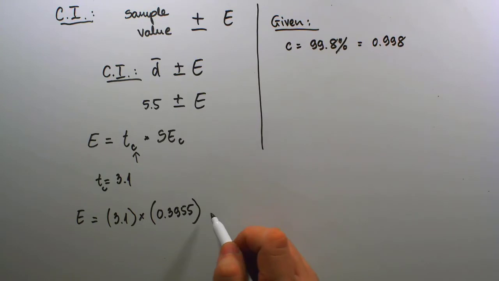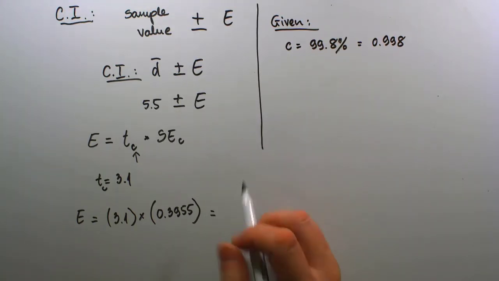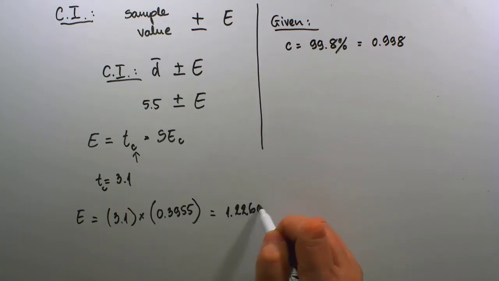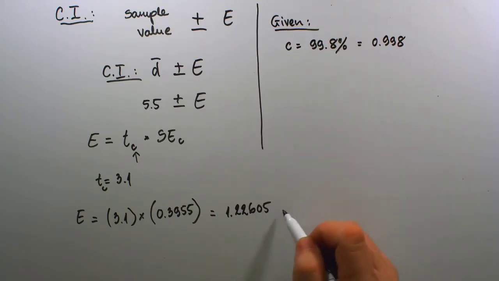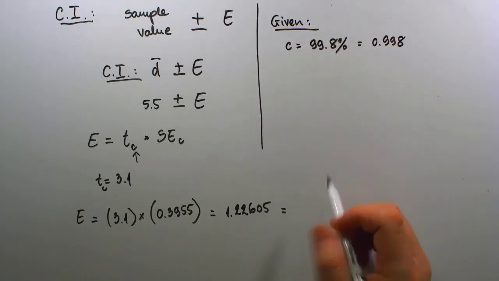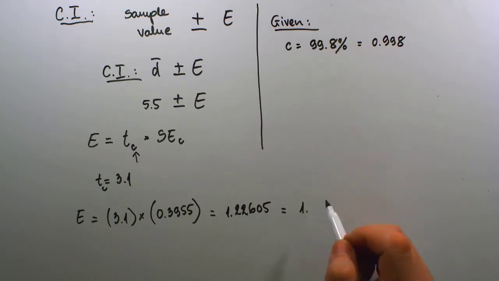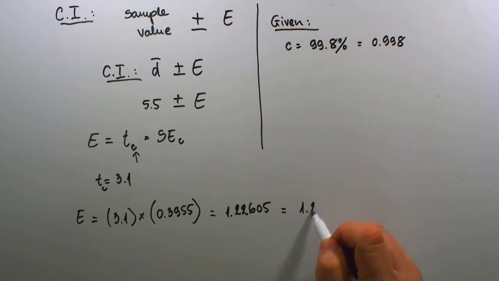And so the final calculation gave me 1.22605, and in this case I'll round it to 2 decimals, so 1.23.